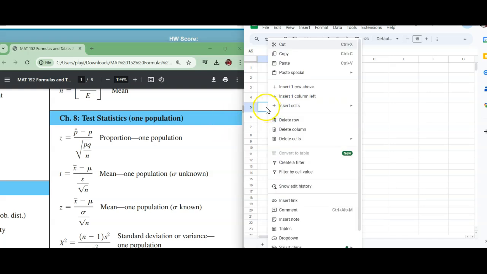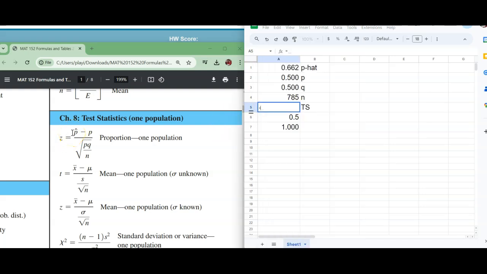So it's equals, and then parentheses around the numerator: p hat, click it, minus p, click it, close the parentheses, divide by SQRT, which is square root, open that parentheses, then click p times q, times q, divide by, click the n, close the parentheses, and there's where that 9.10 is coming from. Once you've built it, you can use it for the homework problems, but you still need to know how to build that from your formula sheet.